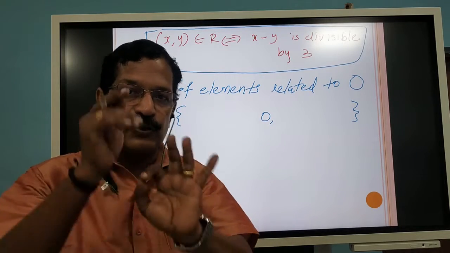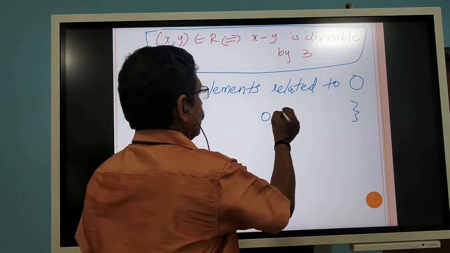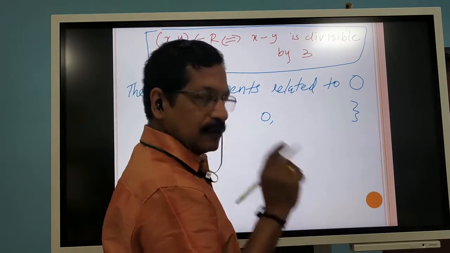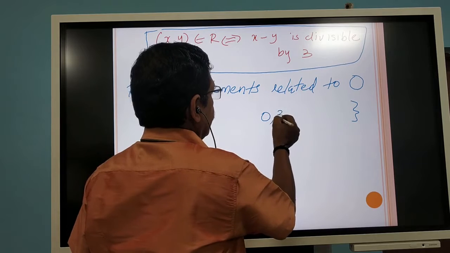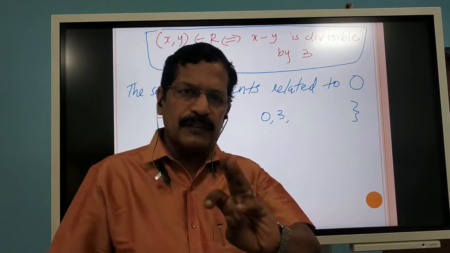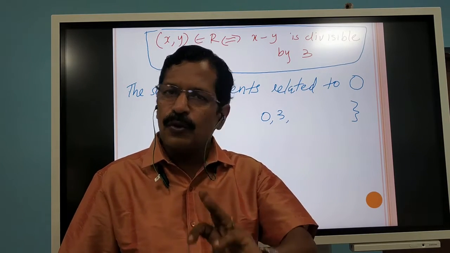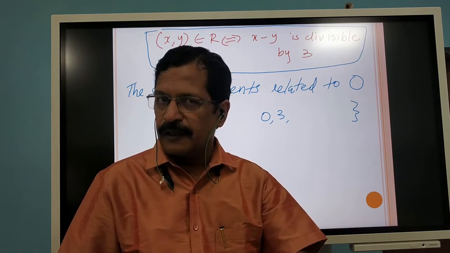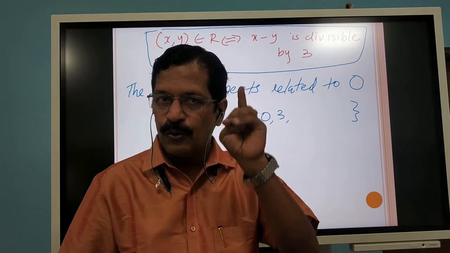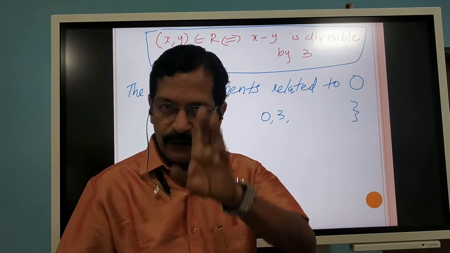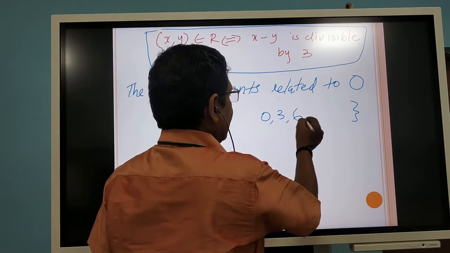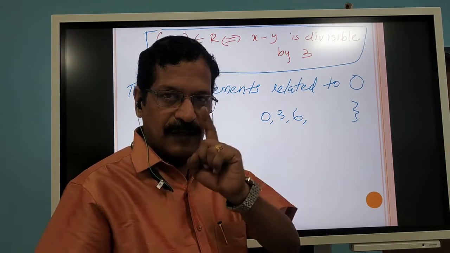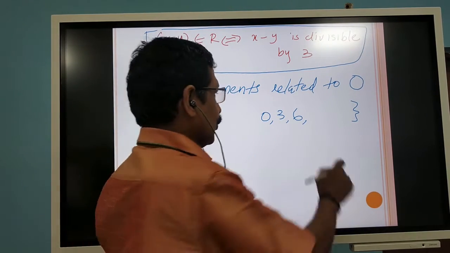So 3 is related to 0. Now whether 4 is related to 0? No. 4 minus 0 is 4 only. 5 is not related, but 6 is related to 0. 6 minus 0 is 6, divisible by 3. So 6. Next, 7 not related, 8 not related, but 9 is related to 0. So it is 9.